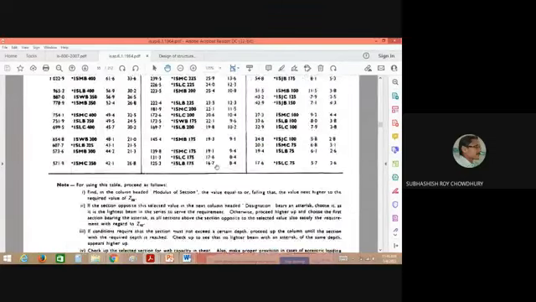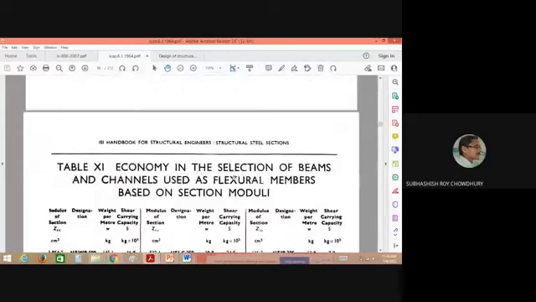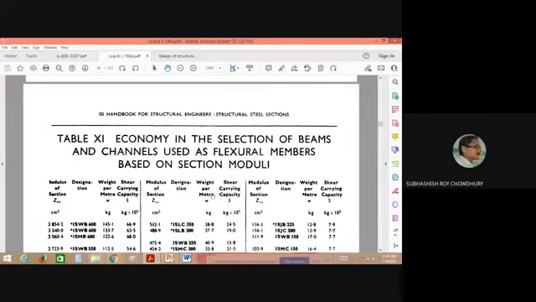Here there is some economy in the steel beams, etc., channel, the flexural limits from section moduli, modulus of section, etc. What is the shear carrying capacity? These are given. This particular table we will not use, because when this code was prepared, the working stress method was the process of design that was followed.